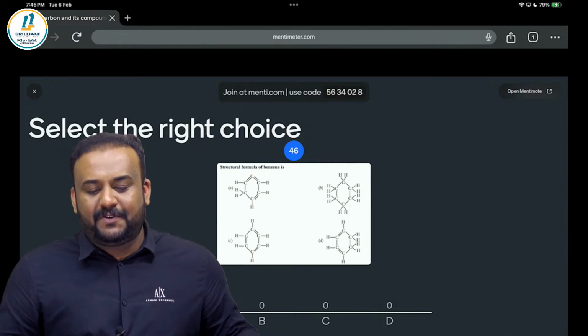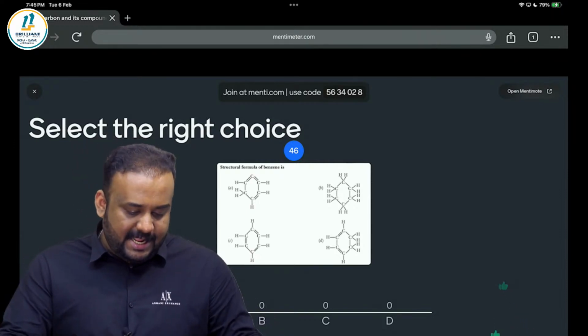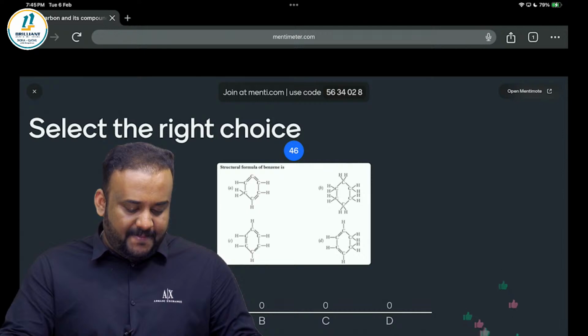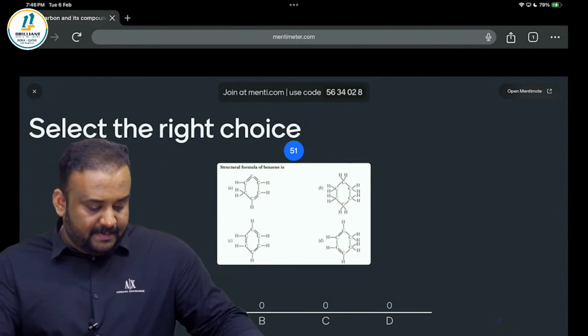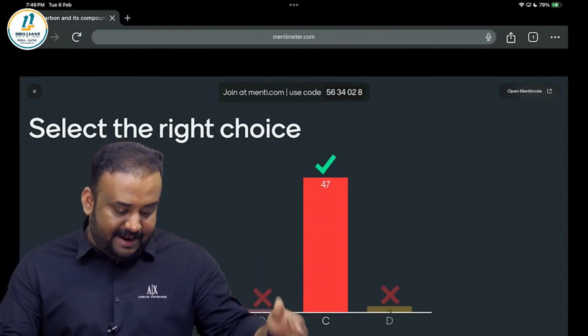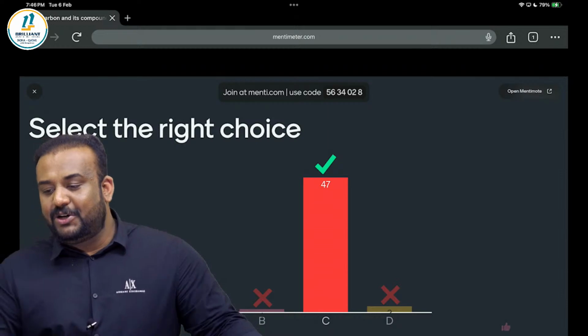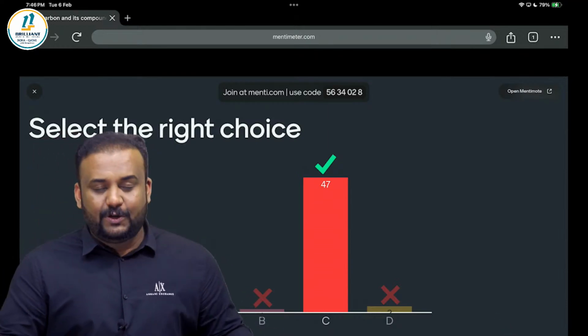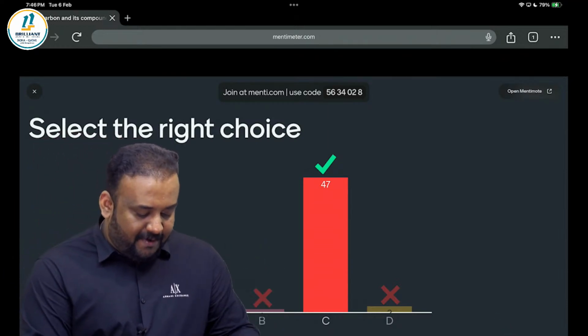Come on, all of you have to select the right choice. Yes, time up. So still, 5 or 6 have made it wrong, but majority have done it correct. Very good. So C6H6 is the formula of benzene.